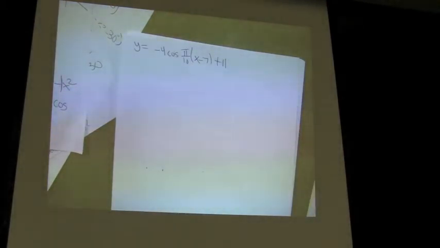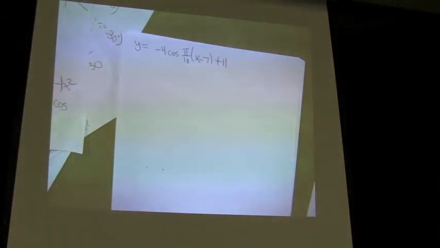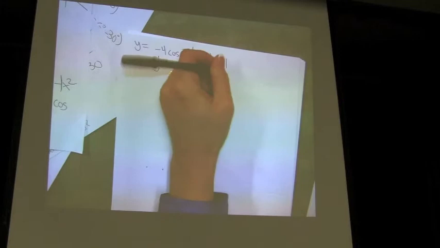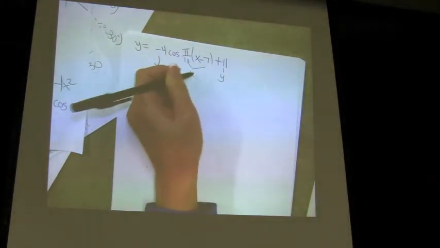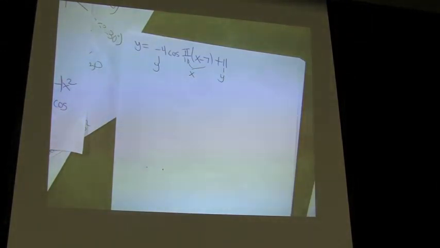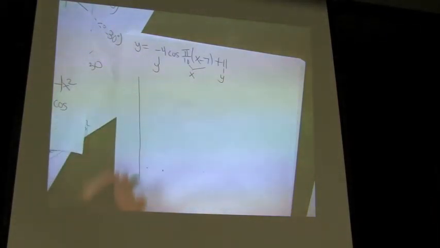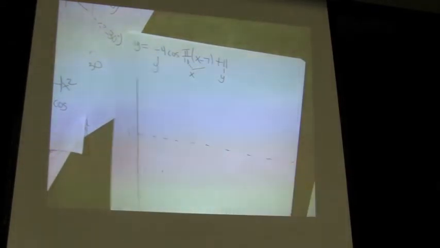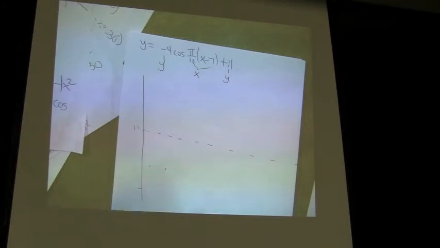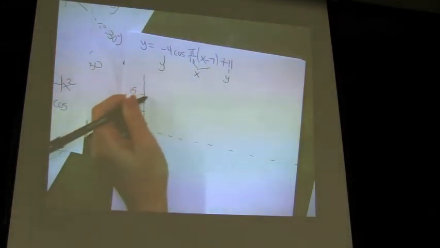If we were to graph this problem, remember what we said before. These values help you graph y, and these things help you graph x. Okay? So what do we know? We know that our sinusoidal axis is going to be at 11. We know that the high is 15. So there's our max.